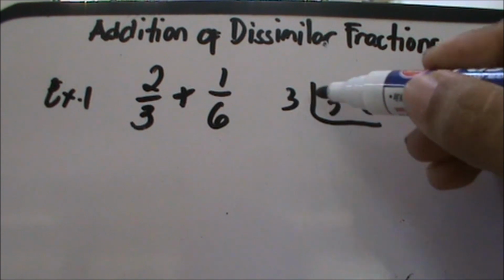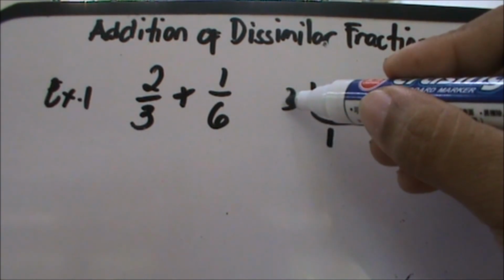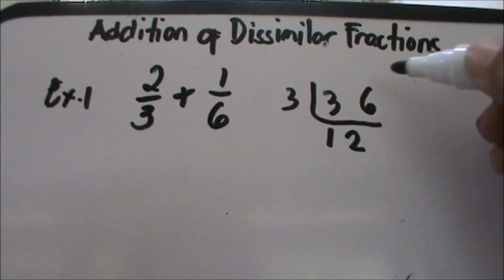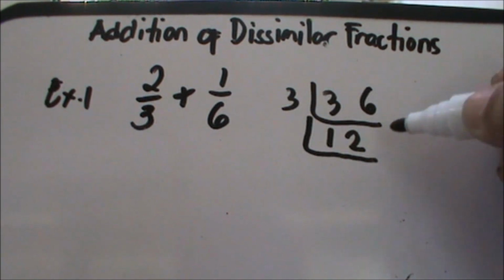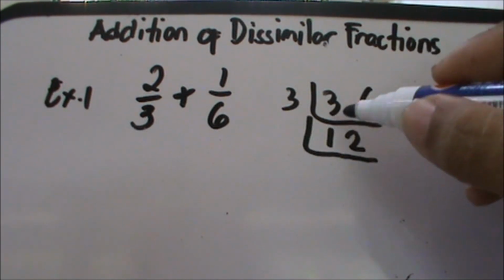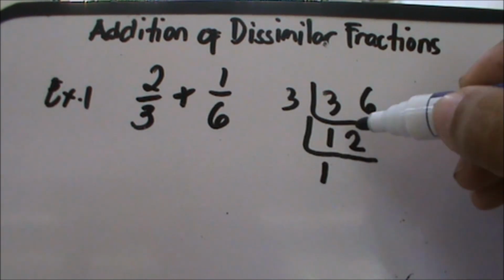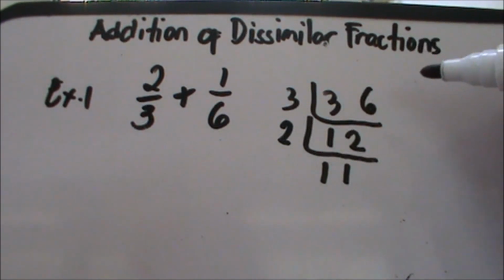So 3 divided by 3 will be 1, and 6 divided by 3 is 2. Then bring down 1, and 2 divided by 2 will be 1.